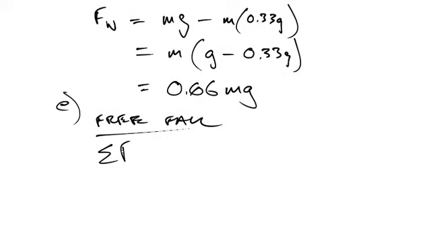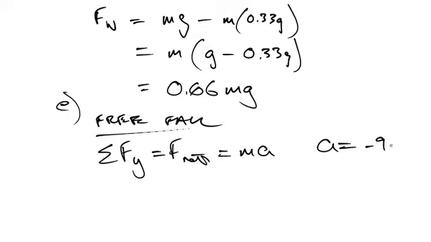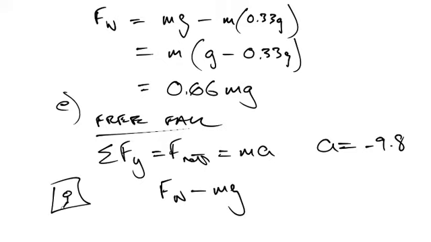If I went summation of the forces in the y direction is equal to F net, and that's equal to ma, what's my a if I'm in free fall? Isn't it down at 9.8? So now, if I follow through with my equation, Fn minus mg, remember the free body diagram looks like this, where you have Fn going up and mg going down.